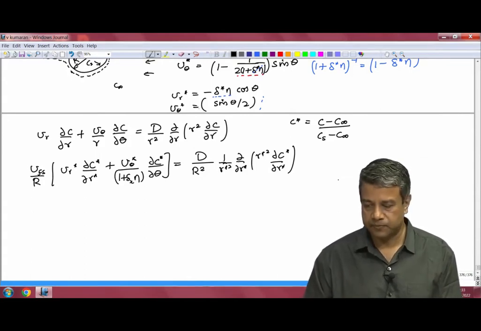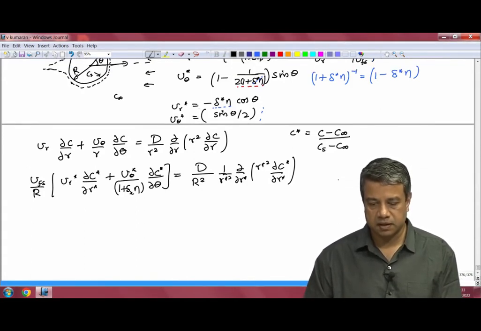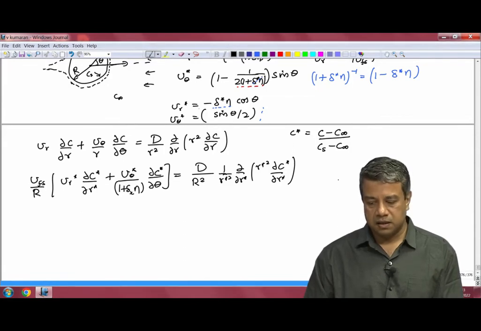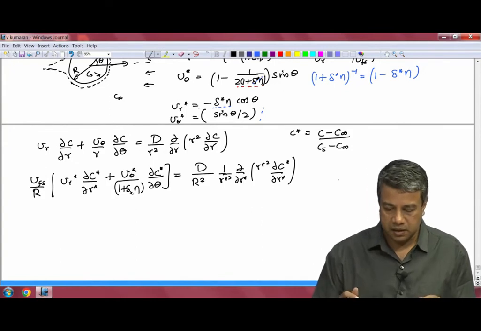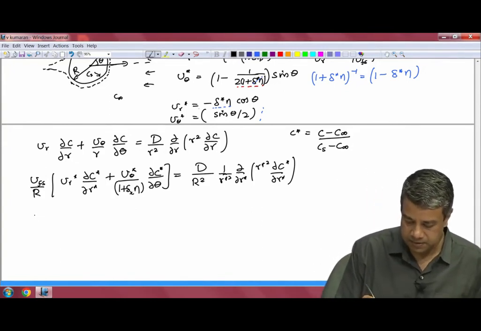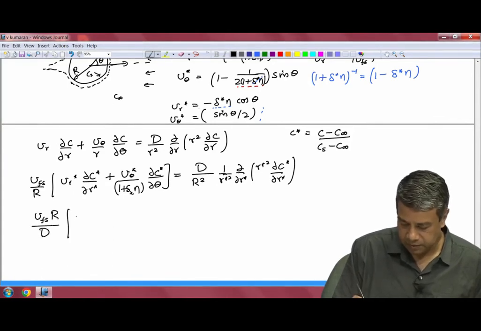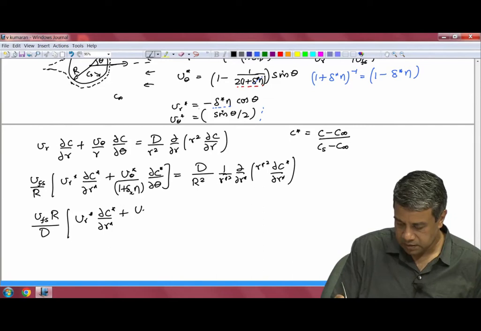So, that is the scaling that is used for the concentration. And multiplying throughout by r square by D, the equation becomes Vfs r by D into Vr partial c by partial r plus V theta.